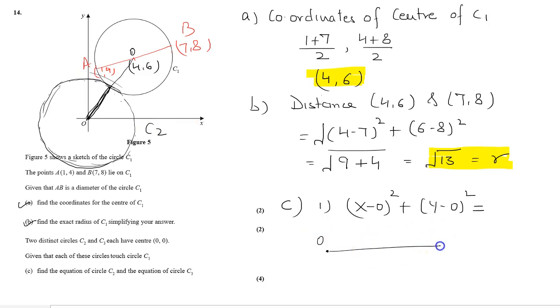This is O. This is (4, 6). So distance between O and (4, 6) is 4 minus 0 square plus 6 minus 0 square.